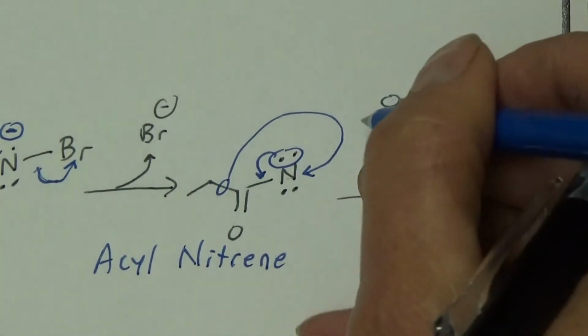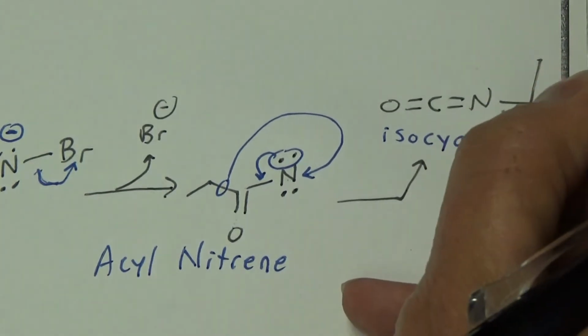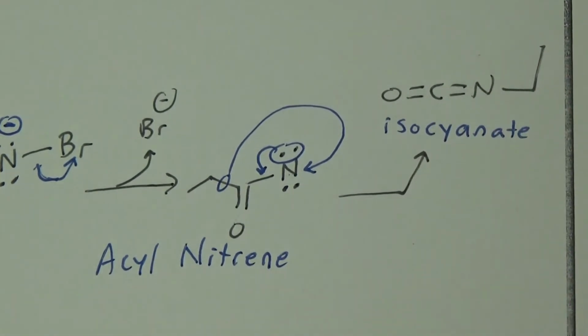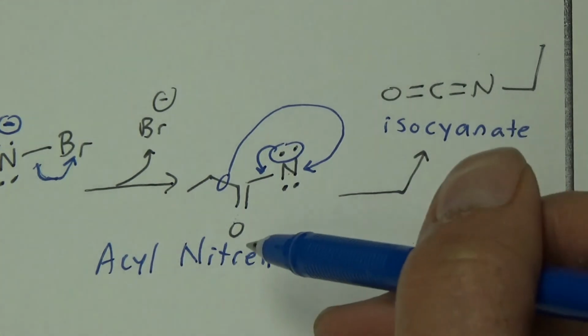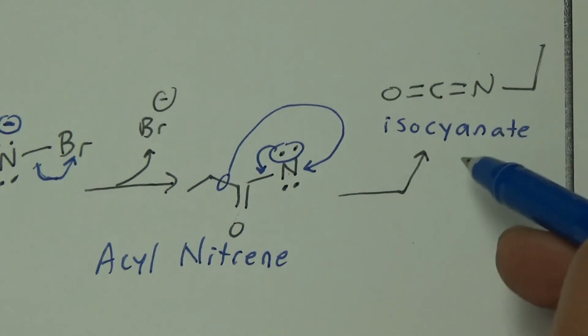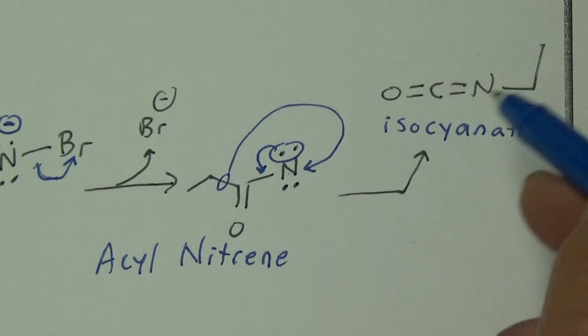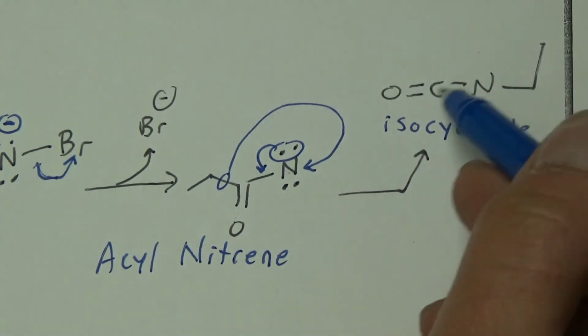It's called an isocyanate. Isocyanate functional group. It's a weird functional group. They are electrophilic, and as you might imagine, it's going to be attackable because you have the double bond to oxygen and the double bond to nitrogen. The carbon's fairly electrophilic and wants to be attacked.